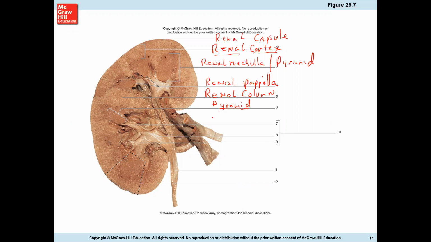So 7 would be a minor calyx. And 9 would be the major calyx. And 8 would be the renal pelvis, from what I could see.